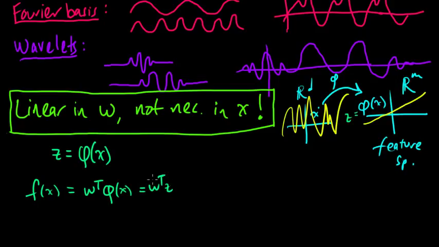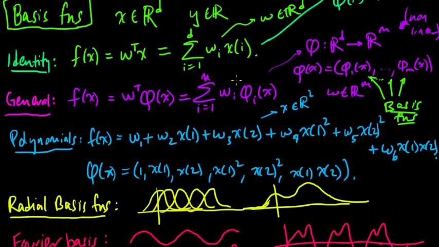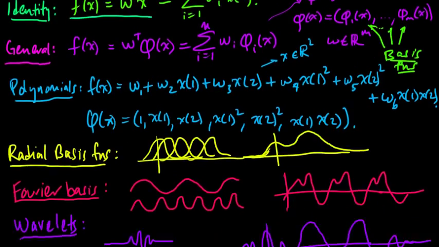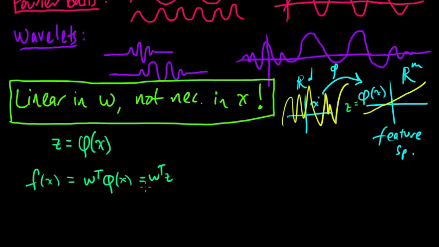So basically, this is the same as the case where we're dealing with the identity function, except we've replaced x with z. Solving the linear regression problem, which we're going to see essentially boils down to estimating a value of w, we can always reduce to this case where phi is the identity function by just mapping our original data.